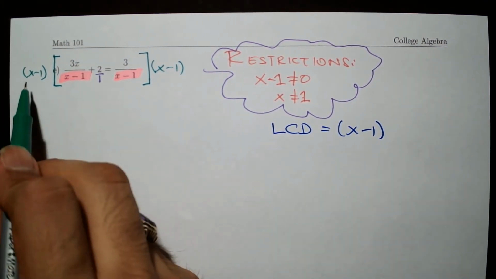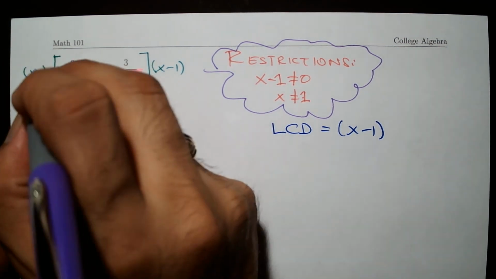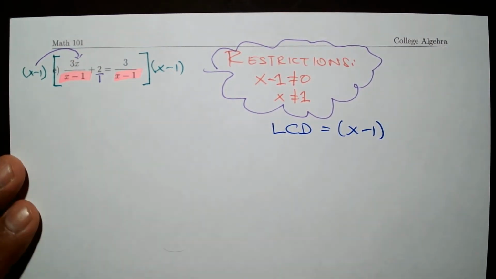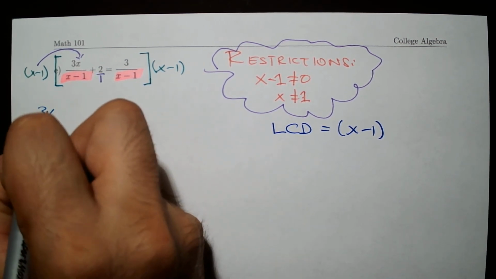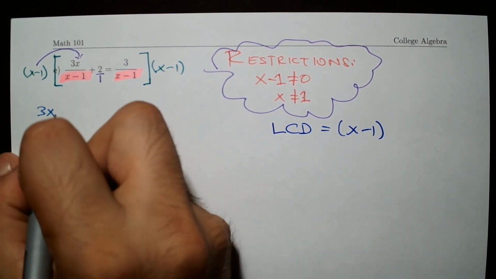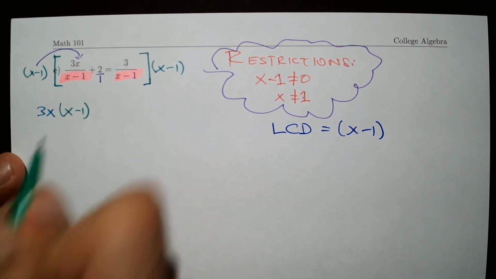Okay, so let's do the distribution. Multiply the 3x I have in blue times x minus 1.